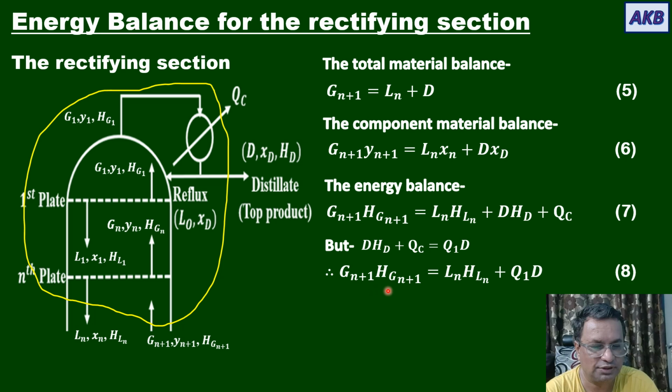In equation number 7, the last two terms, D into Hd plus Qc, are nothing but Q1 into D, and that's why you get equation number 8: Gn plus 1 Hgn plus 1 is equal to Ln into HLn plus Q1 into D.